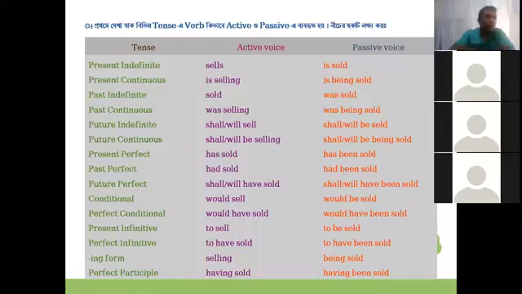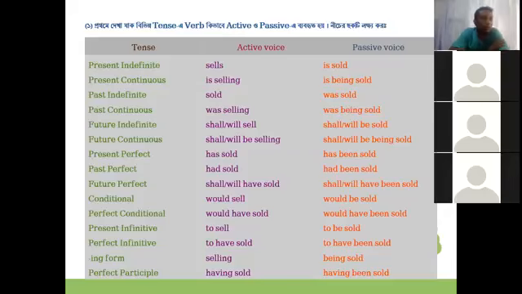In the present perfect tense, has sold in the active voice and has been sold in the passive voice. Past perfect, had sold, had been sold. Future perfect, shall or will have sold, shall or will have been sold.